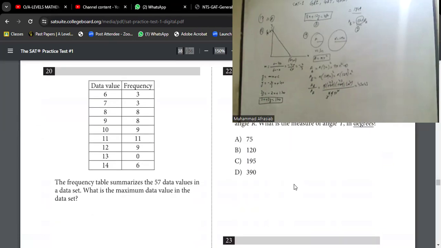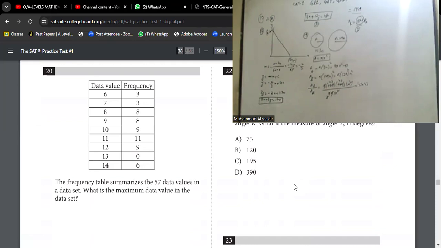Question number 20. The data values and the frequencies are shown in the table. The frequency table summarizes the 57 data values in the data set. What is the maximum data value in the data set?